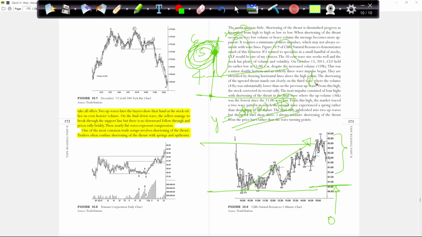If you know about the slope formula, the definition of slope is change in y by change in x. That's our definition of slope. Okay, it's actually change in y by change in x. When we see change in x-axis, change in x-axis is time, and change in y-axis is price.